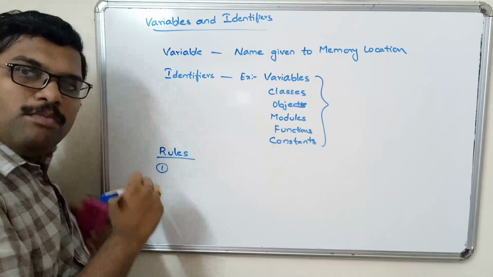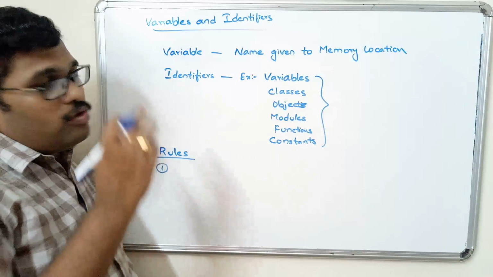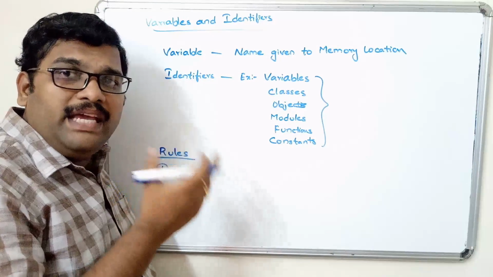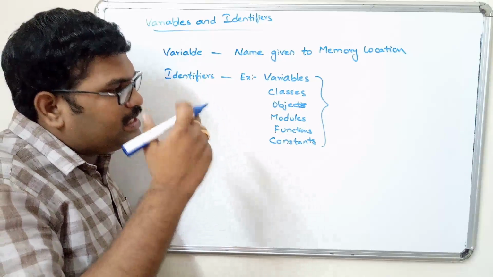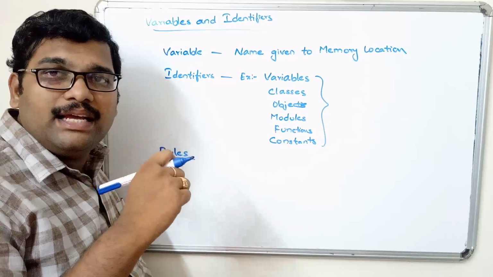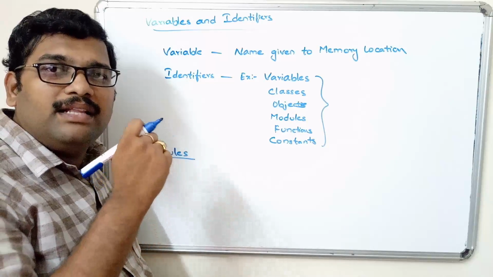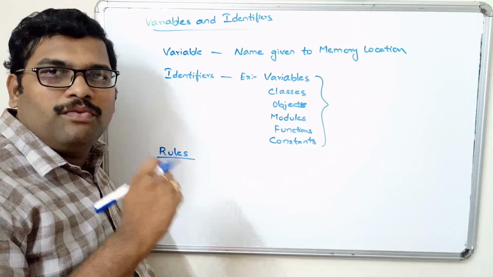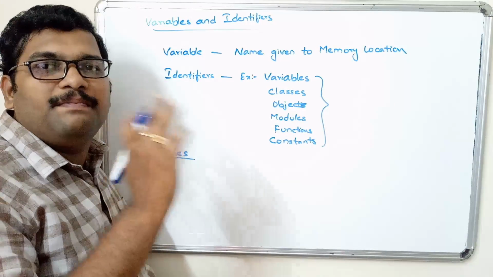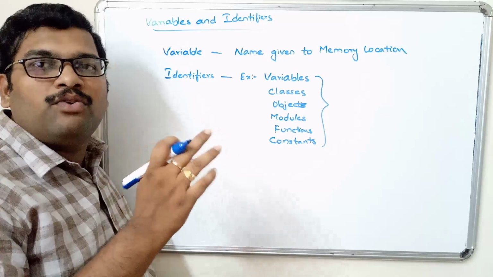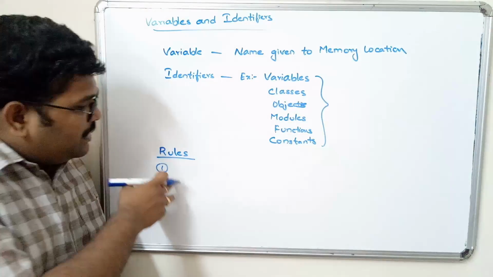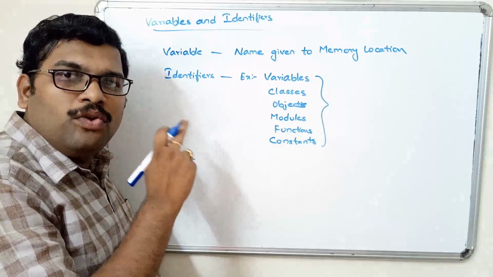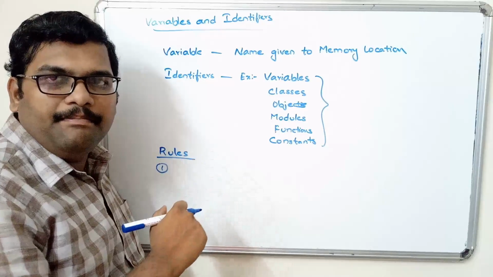Rules. The first and foremost rule is, like in C language, here also there are some keywords. As we have discussed in C, a keyword is a reserved word given by the compiler or interpreter which has a specific task. For every keyword there is a specific meaning and a specific work to be done. So the first and most important rule is that the variable name should not match any keyword name.